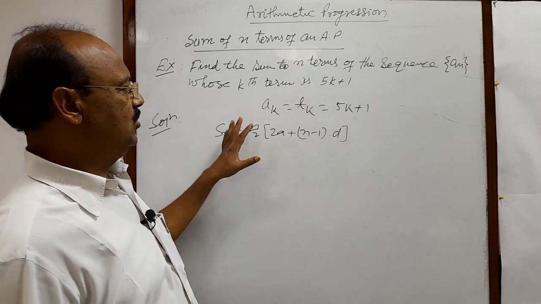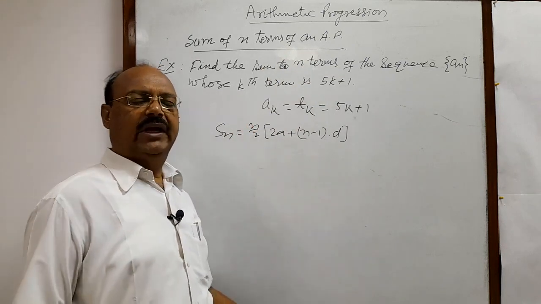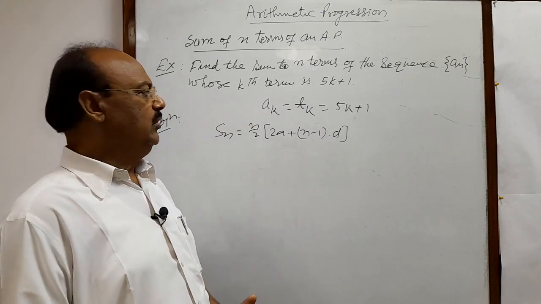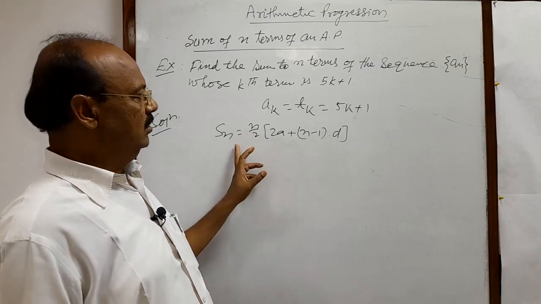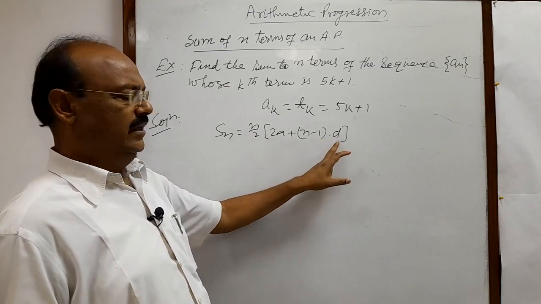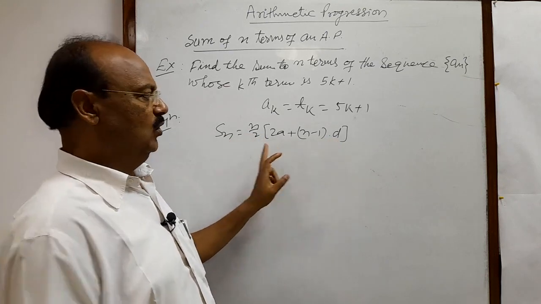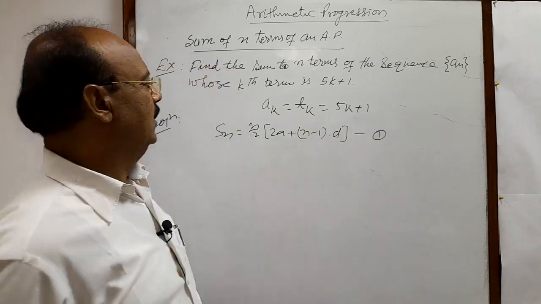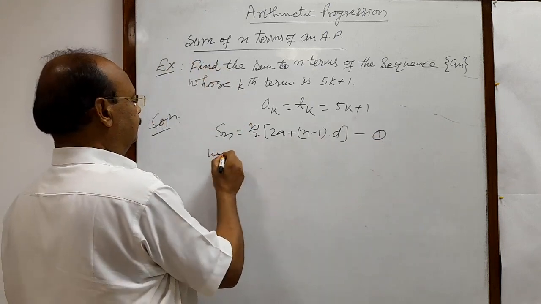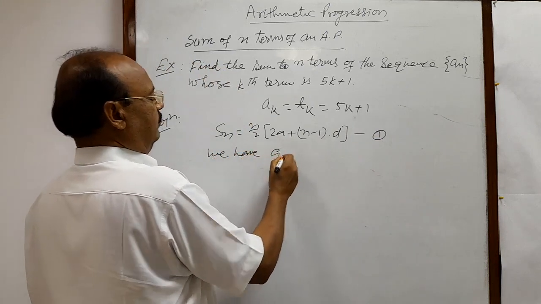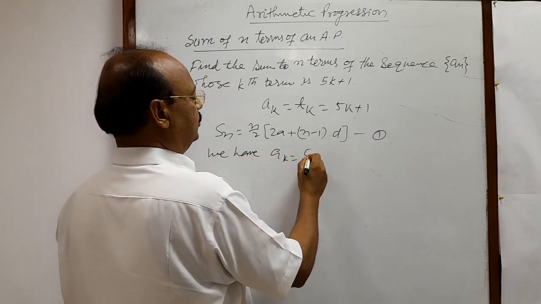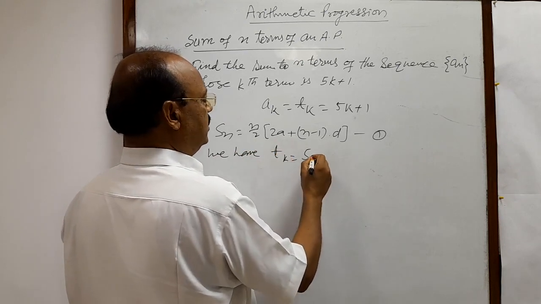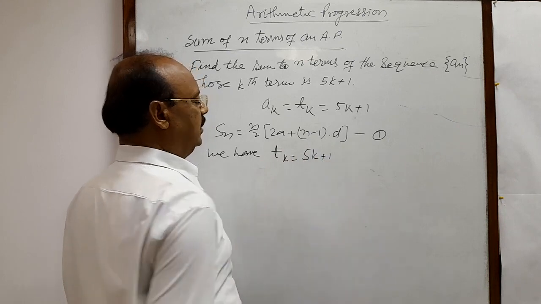But before doing this question, we need the value of the first term and common difference, so that we could get Sn by putting the values of a and d in this formula. This is a formula. Okay, let us write relation 1. Here we have tk is equal to 5k plus 1.